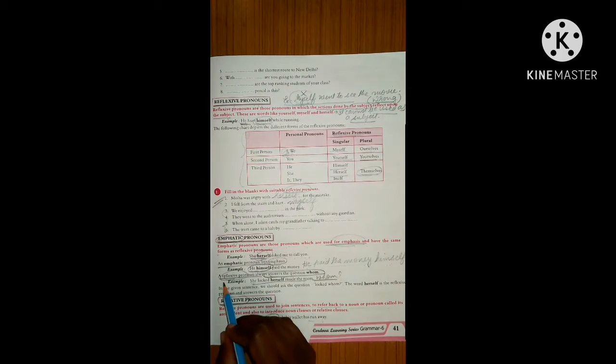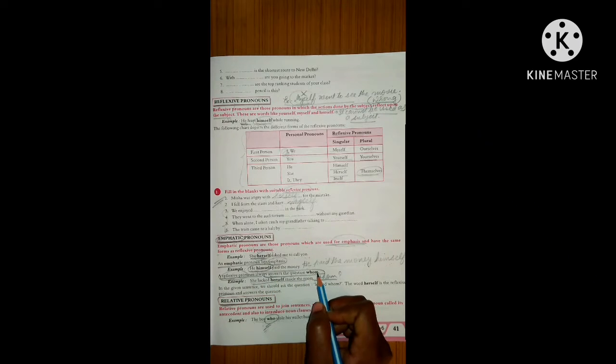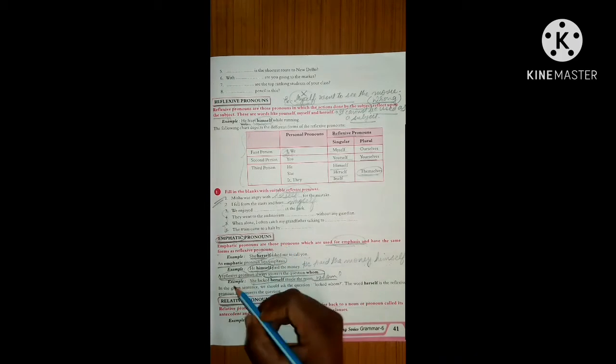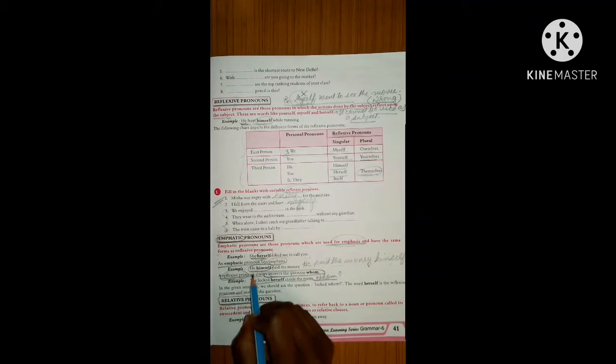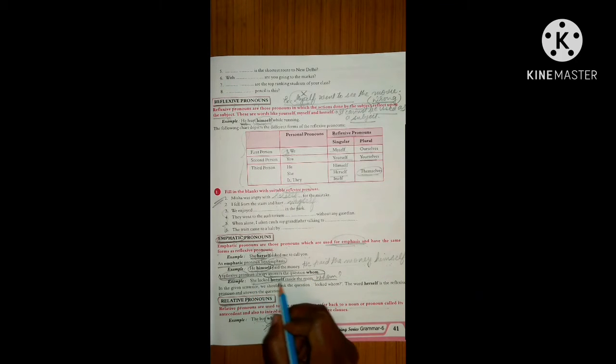Okay. Now see, a reflexive pronoun always answers the question whom. Now the difference between emphatic and reflexive pronoun is that a reflexive pronoun sentence always answers the question whom. See how? She locked herself inside the room. Who locked herself? Who locked her?